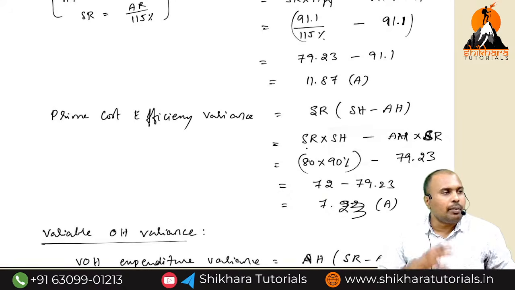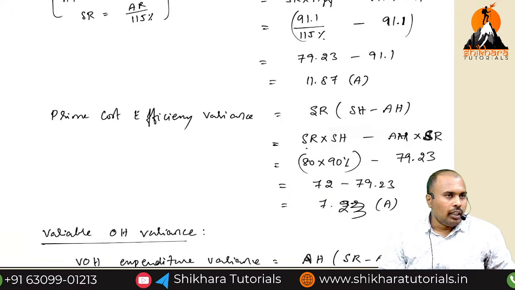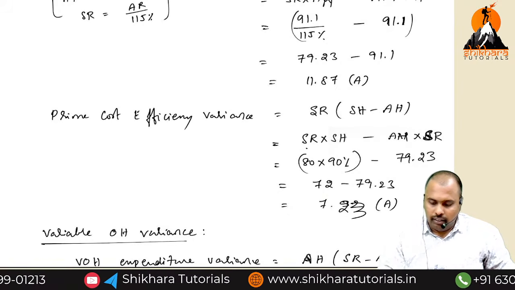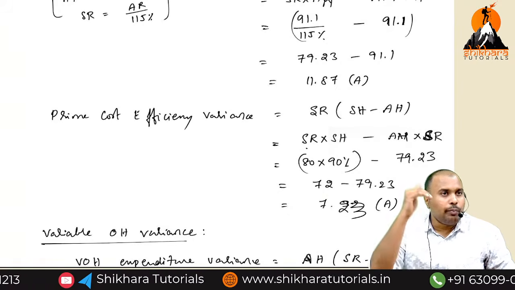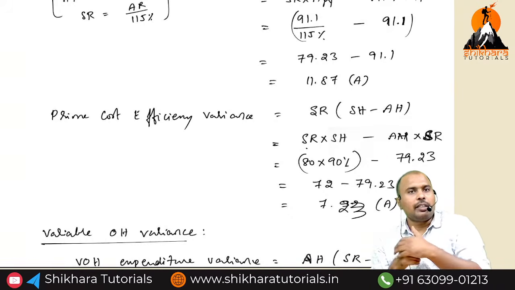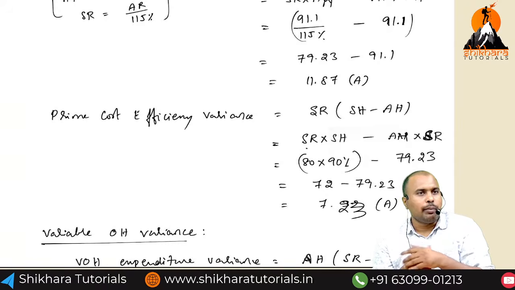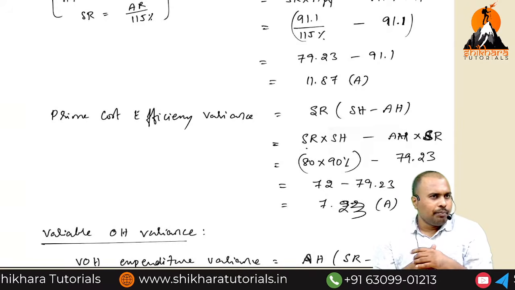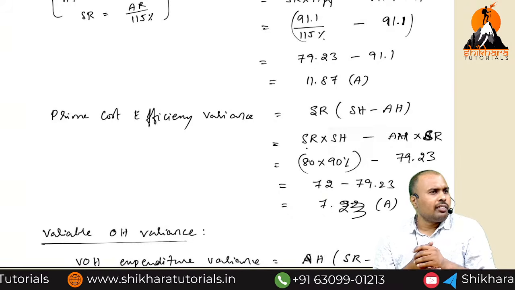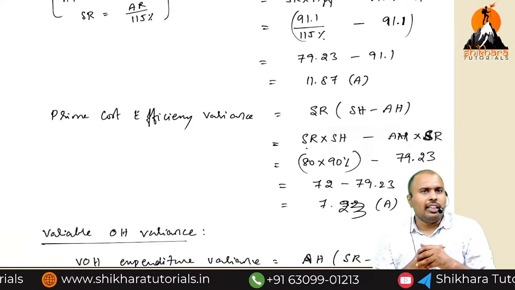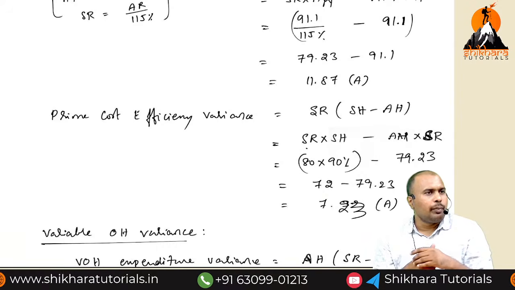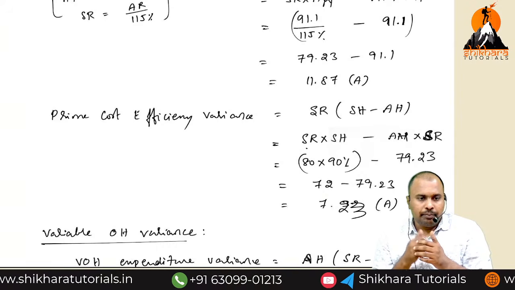I'm taking just 90% of budgeted cost. I don't have SR or SH, but I know that budgeted cost is 80, and as volume is decreasing by 10%, the cost for actual output is 10% lower, because it's a variable cost. If prime cost is a variable cost, then it decreases by the same. If volume decreases by 10%, your cost also decreases by 10%.